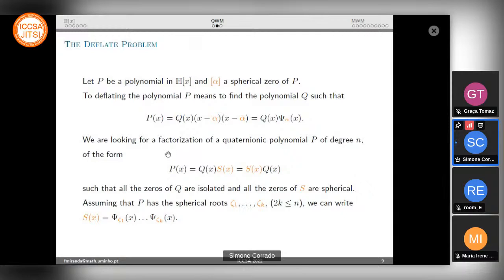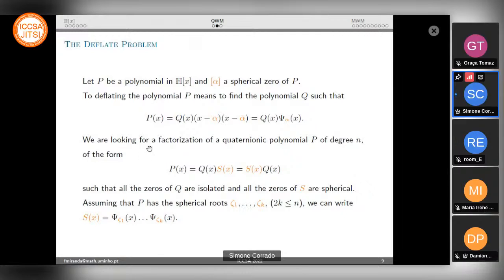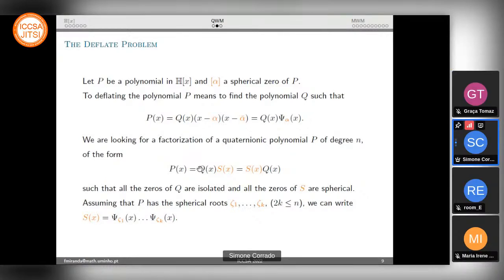So what are we looking for? We are looking for a factorization of the polynomial P into a product of two polynomials, Q and S, such that the zeros of Q are all isolated and the zeros of S are all spherical zeros.